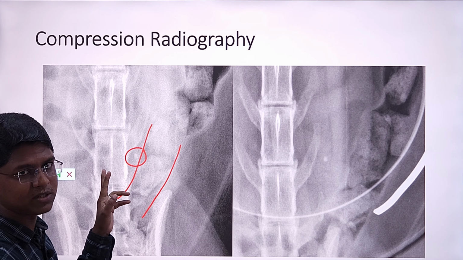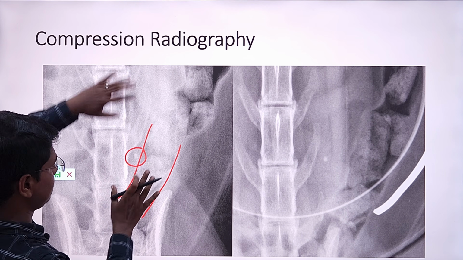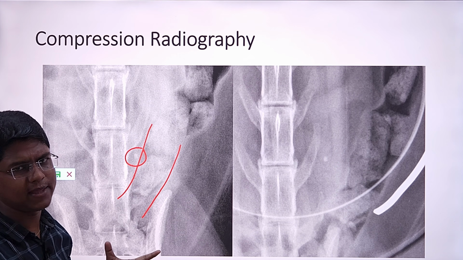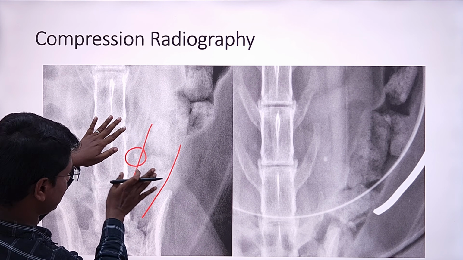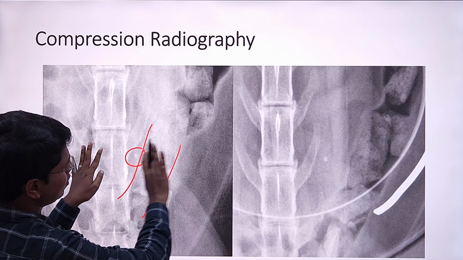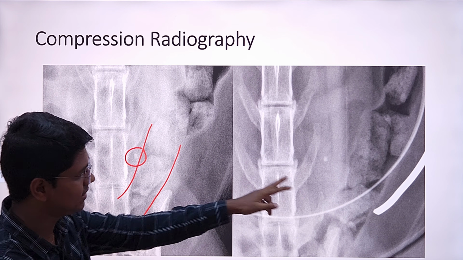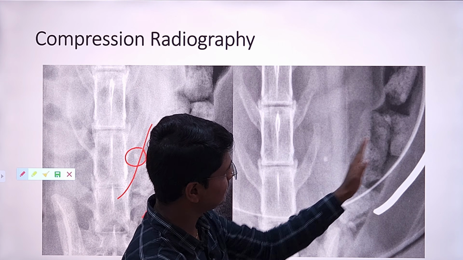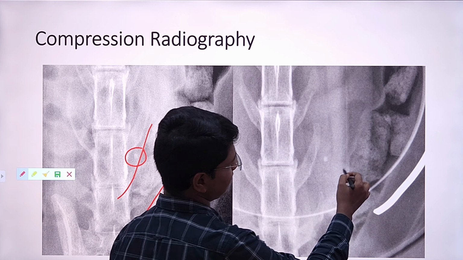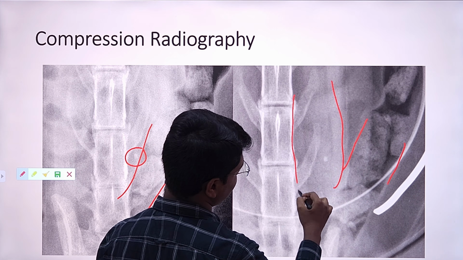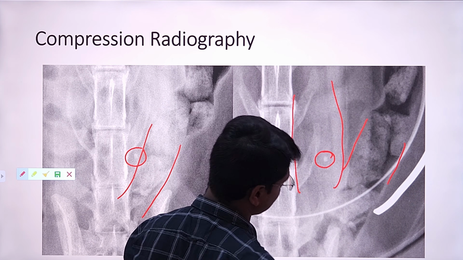So what is compression radiography? You will compress this portion with some radiolucent material like wood. When you compress, the descending colon will migrate towards the abdominal wall, towards the lateral side, like here. When it has been moved towards the lateral side, the retroperitoneal space becomes very clear, and you can visualize the stone better.